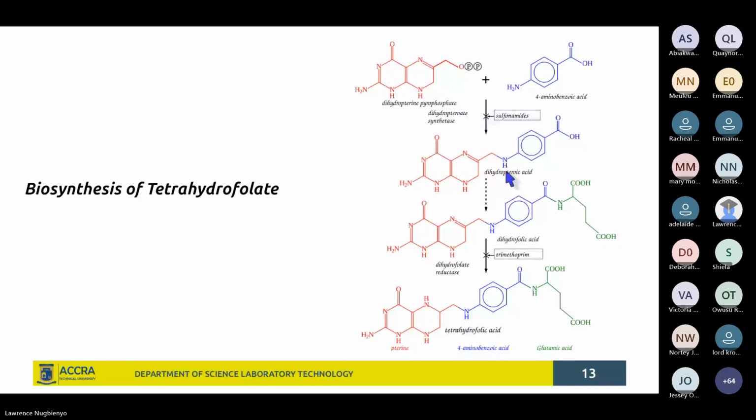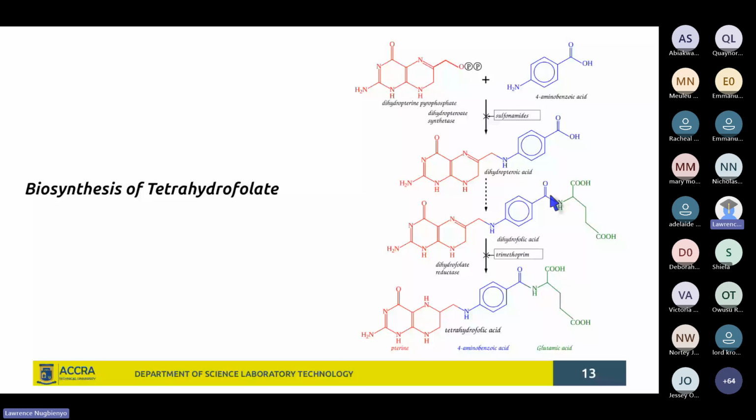The dihydropteroic acid gets converted into dihydrofolic acid by conjugation of, look at that, a green portion that has come to bind onto that blue portion. That is glutamic acid, an amino acid that comes to bind on the carboxylic acid group.